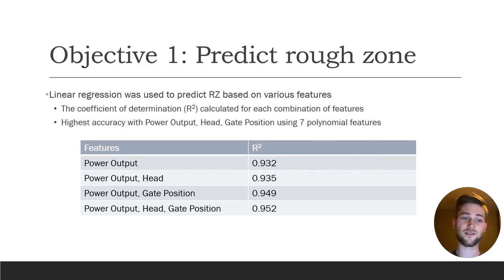The highest accuracy that was achieved was with power output, head, and gate position, using 7 polynomial features. So in addition to those 3 features, for each feature, polynomial features were also generated.